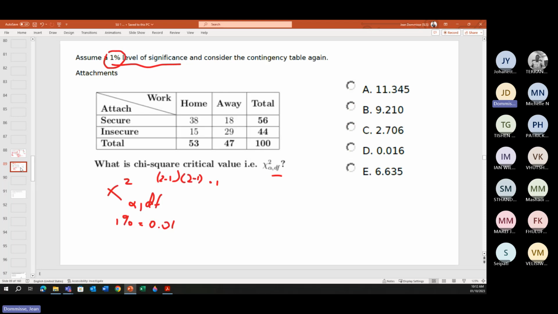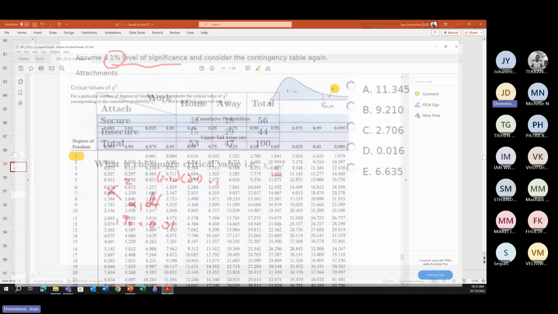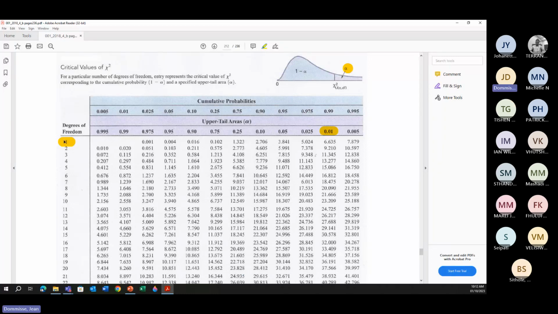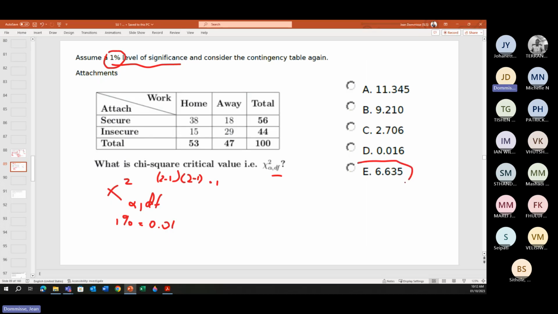Okay, so let's quickly go back to alpha 0.01. So where we have the 1 degree and the 0.01, we get the 6.635.